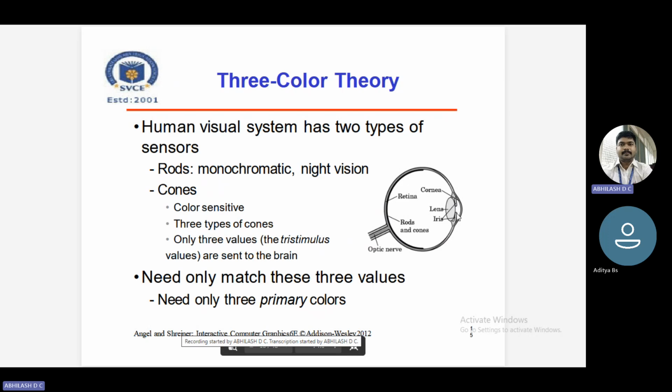A small muscle varies the light intensity, how much has to enter and how much has to be sent back.